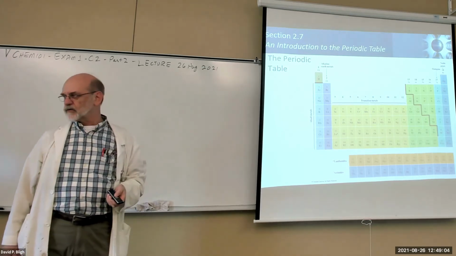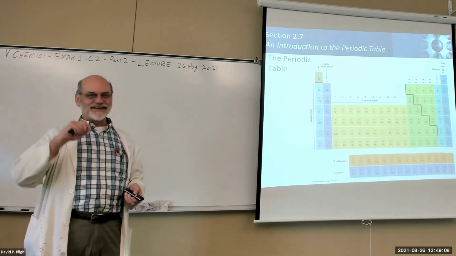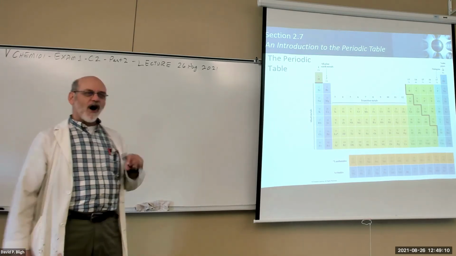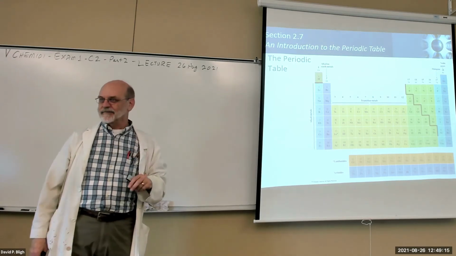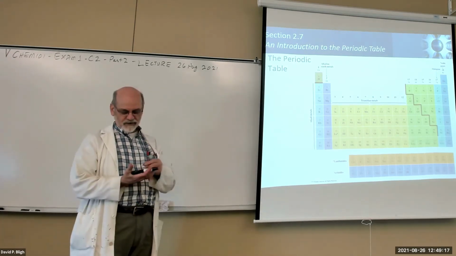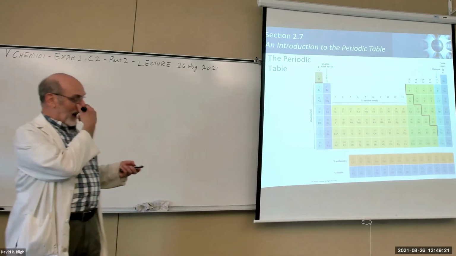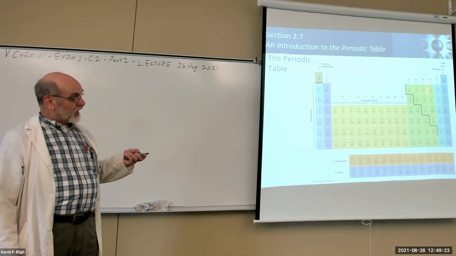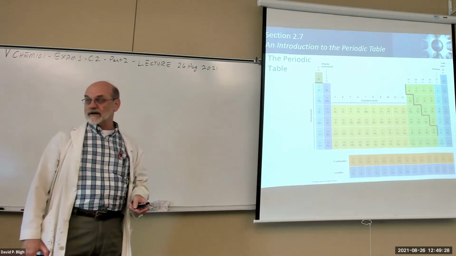Which one is not solid at room temperature? Mercury, there you go. Which one is solid at room temperature but will melt very easily? Gallium, right. Just drop it in your hand and you get a puddle. Okay, so most are solids, but the nonmetals can be any one of those. Some of them are gas, some of them are liquid, some of them are solid.